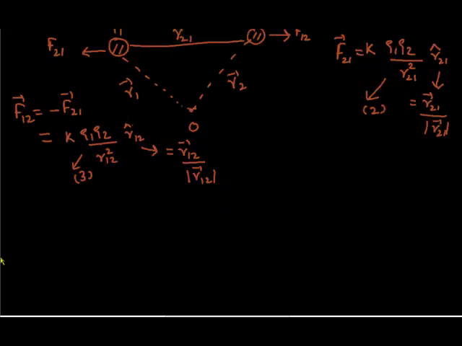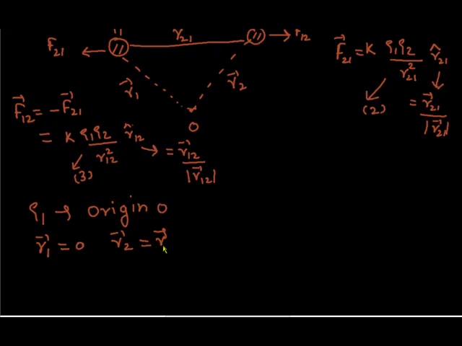Now we can make equations 2 and 3 look simpler. For this, we imagine that the first charge, Q1, is placed at the origin O, so that R1 is now equal to 0, and we write R2 equal to R as the position vector of charge Q2.